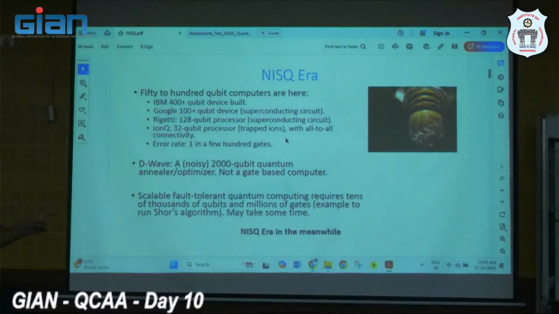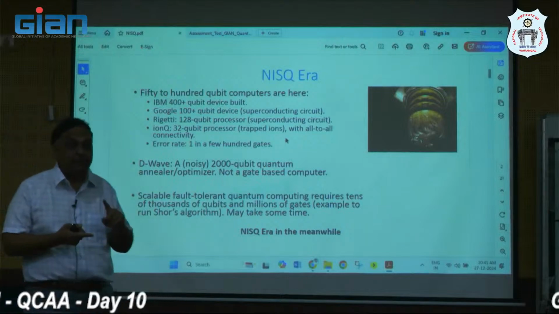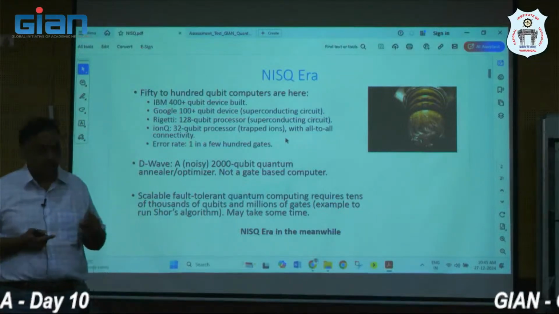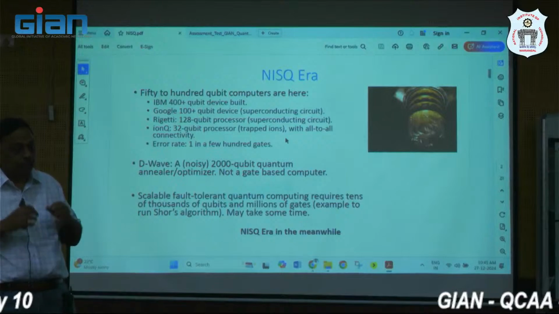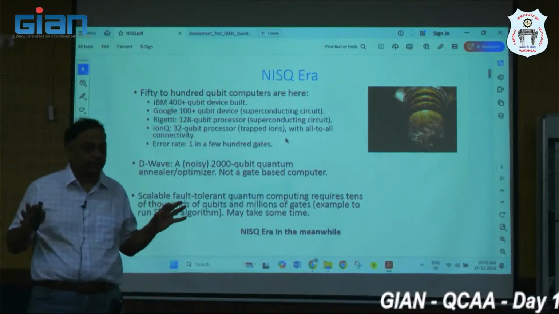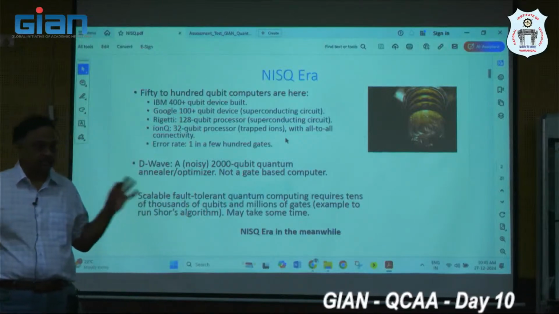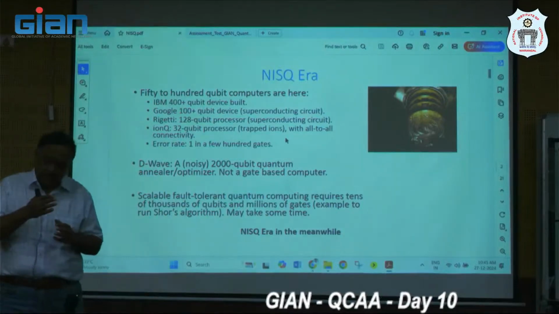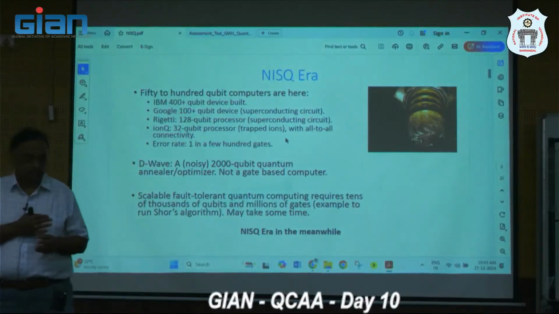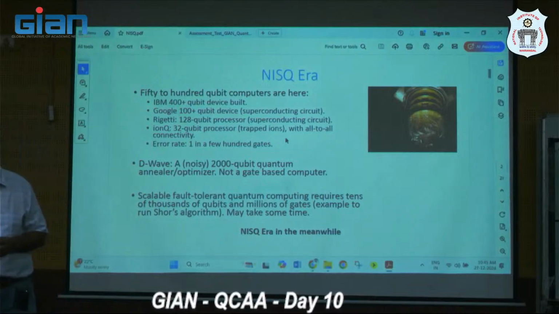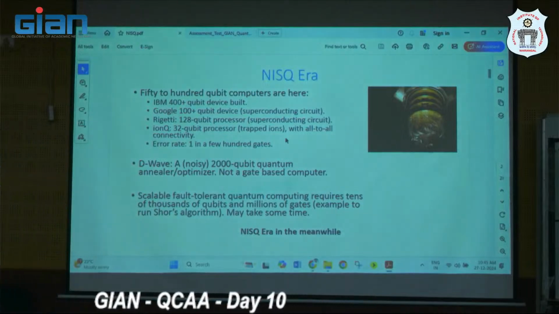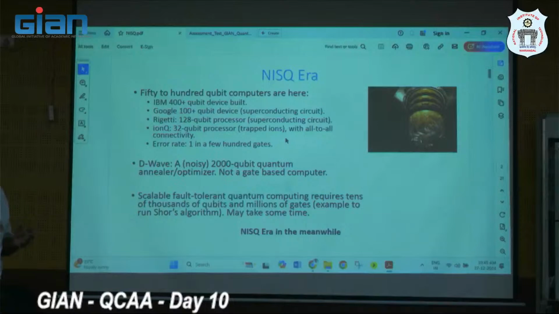Below 1 Kelvin. 0 Kelvin is the absolute zero temperature, the absolute minimum temperature possible. They make it below 1 Kelvin, 10 to the minus 3 Kelvin. That is the kind of isolation they provide to the system.